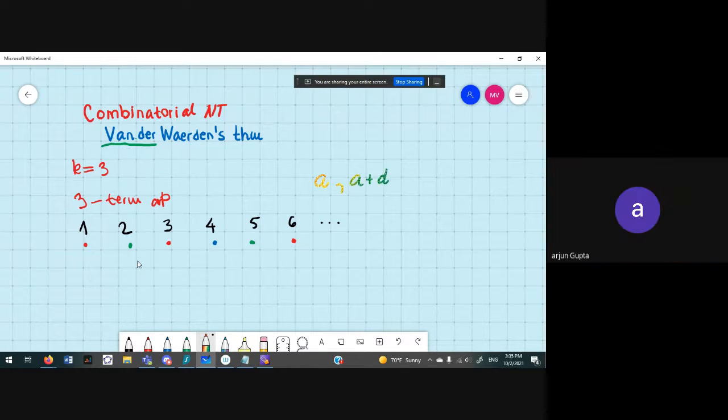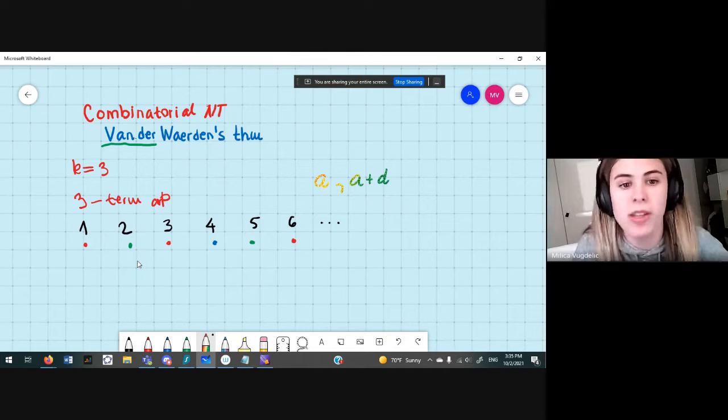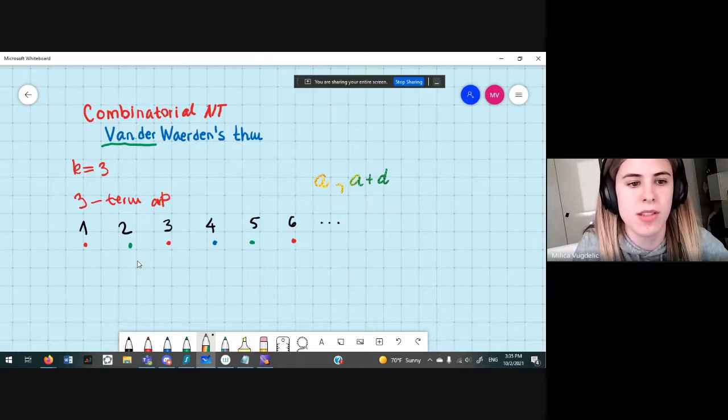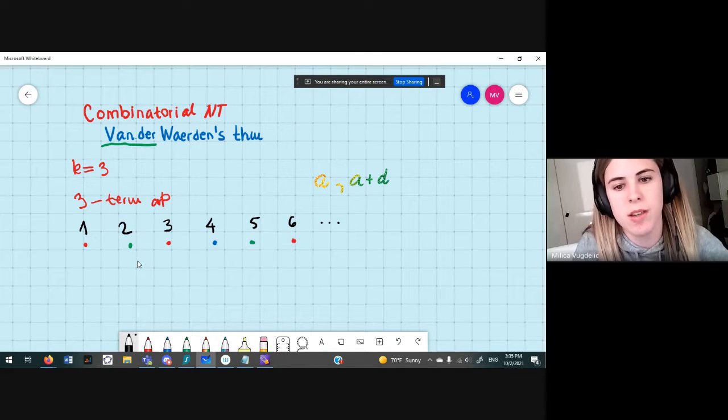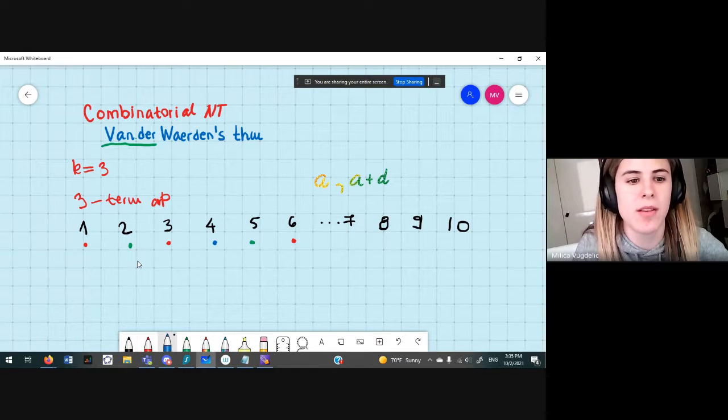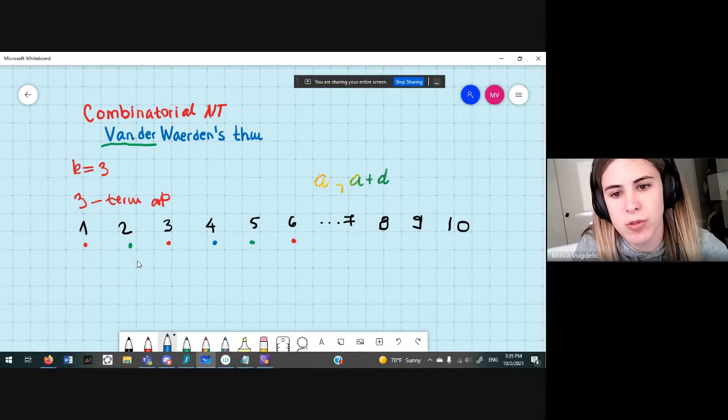Where is the 3-term AP? Like 1, 3, 6. There isn't one from 1 to 6. Yeah, good question. The theorem just states that if we color the whole numbers, a monochromatic AP will appear. So this shows that coloring 6 numbers isn't enough.